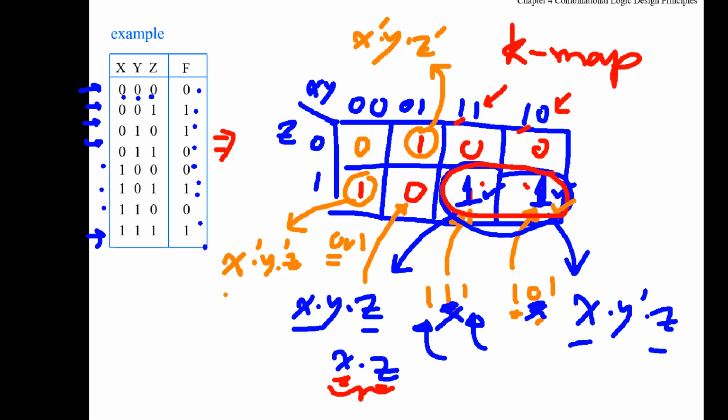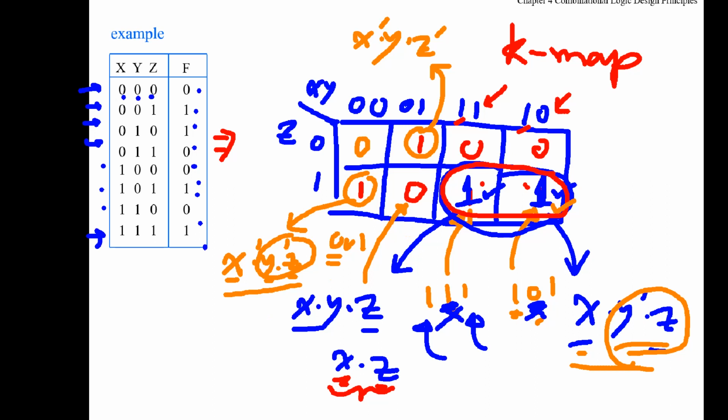If you consider this product term, it is x prime y prime z. It is x y prime z. Okay, y prime z is the same. So you can combine them together and the result is y prime z.